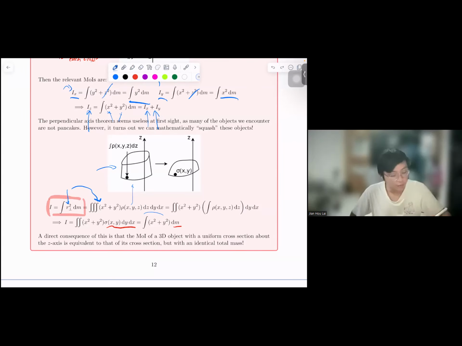When you multiply these together, it gives you the mass density, mass per area.